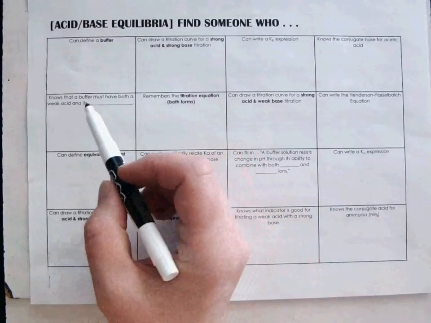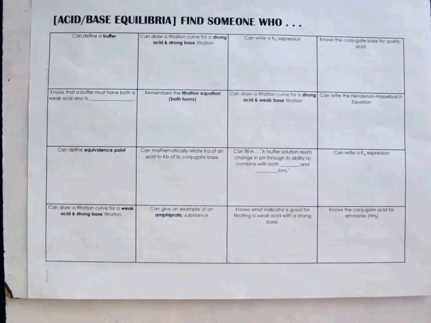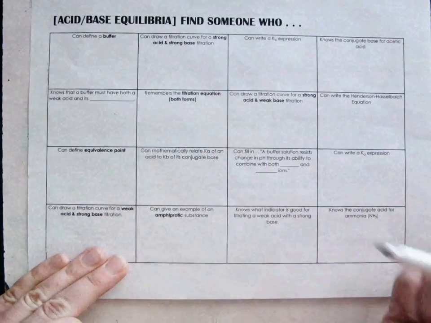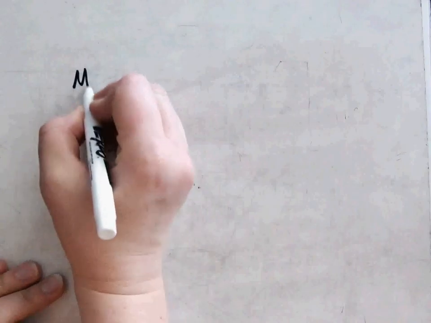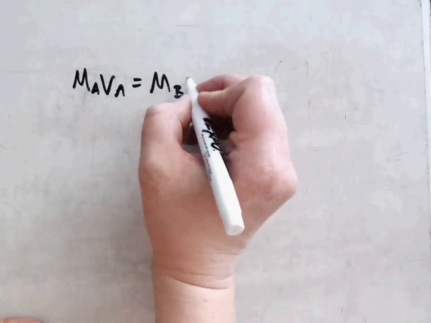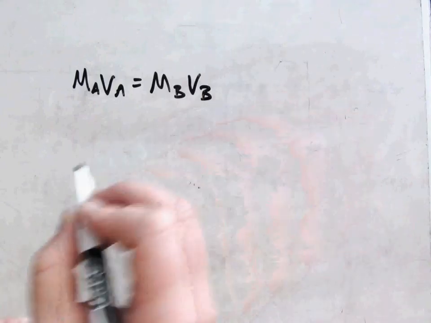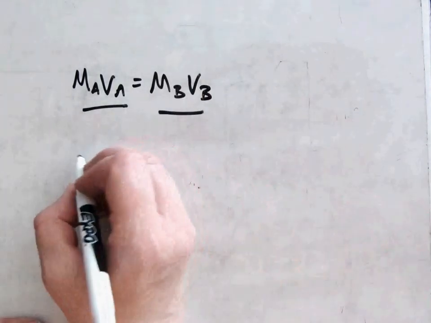Okay, number 5. Someone who knows that a buffer must have both a weak acid and its conjugate base. Of course, that comes from the definition above. Now, both forms of the titration equation, you learned this last year. But now you know that you can take either side of this and set it equal to moles.